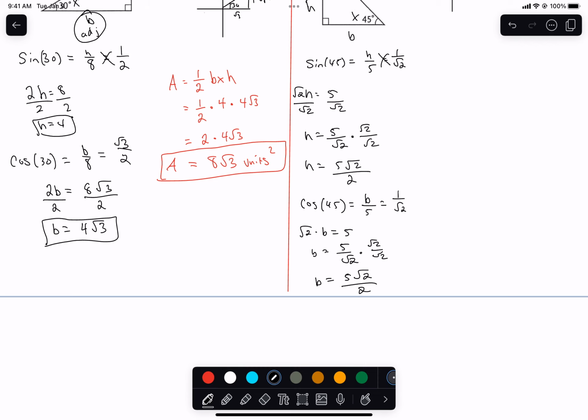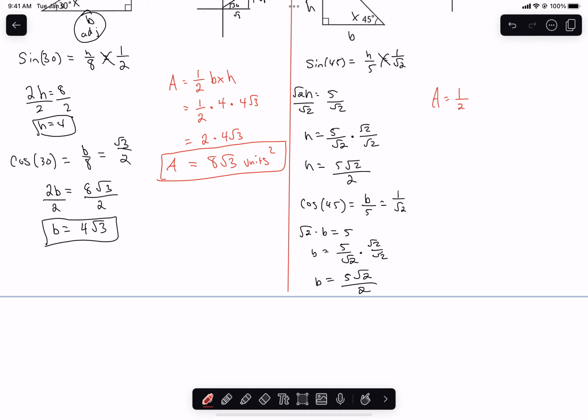So area of this triangle is going to be 1/2 the base times the height. So I get 1/2 times 5 root 2 over 2 multiplied by 5 root 2 by 2.